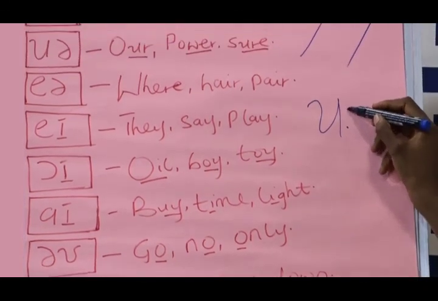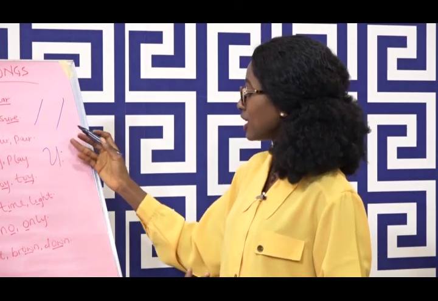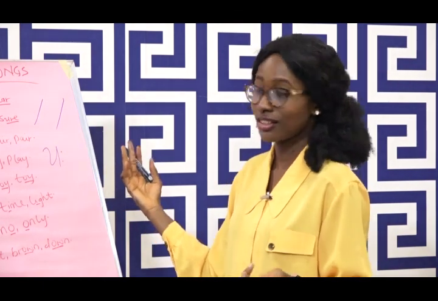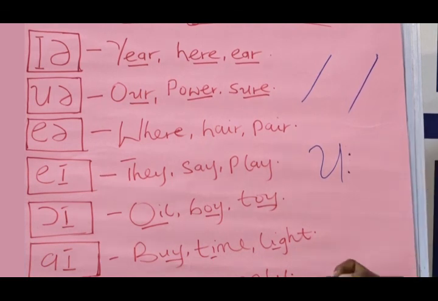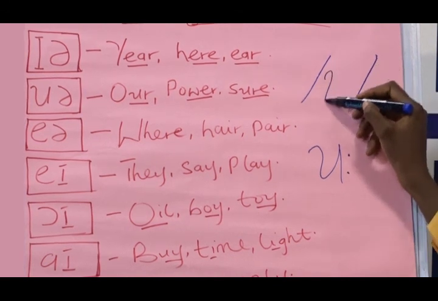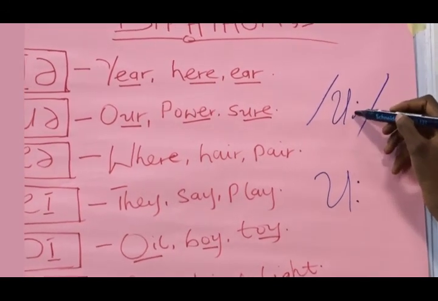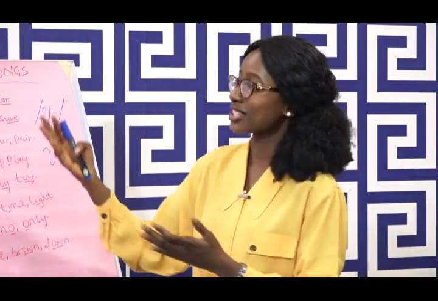If I just write this and I do not enclose it, it is not a sound. It could be a letter, although it has the colon in front of it. But if you enclose it in the slant lines, it makes it a sound. So that is it about the vowel sounds of the English language.